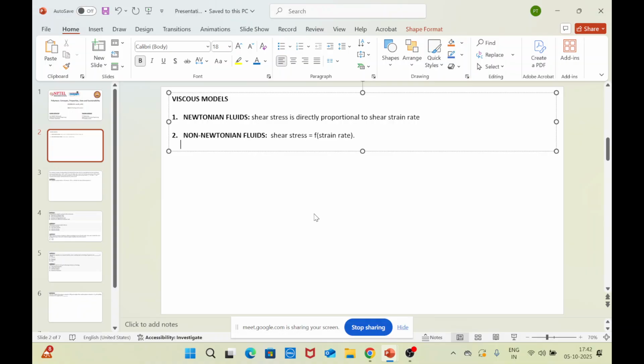We discussed two types: pseudoplastic and dilatant fluids.